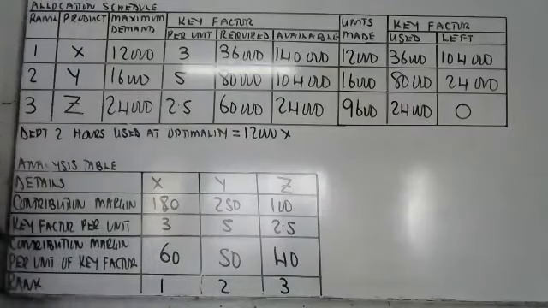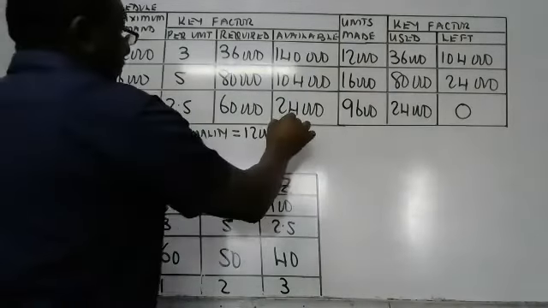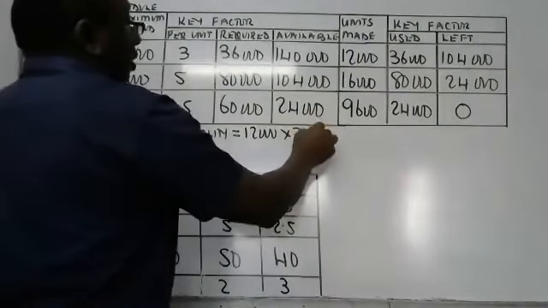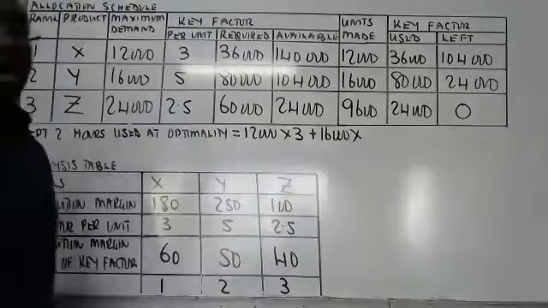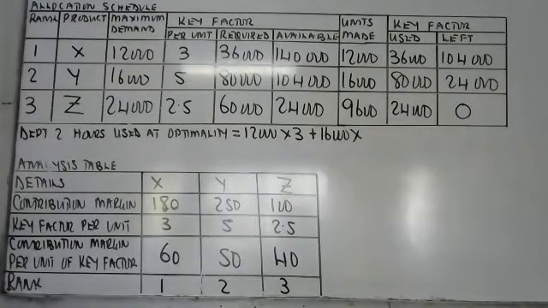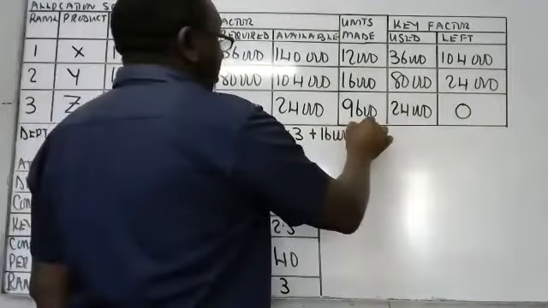Na kwa department 2, X inahitaji 3, plus huyu mwingine ni 16,000, that is Y. Na Y inahitaji 8.